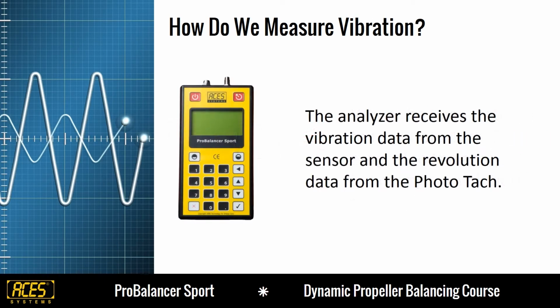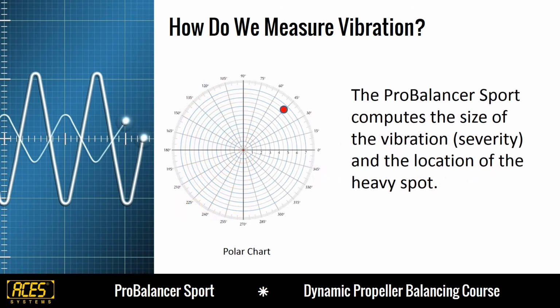When the analyzer receives the vibration data from the sensor and the revolution data from the phototach, it computes the size of the vibration, or you could understand it as the severity of the vibration, and the location of the heavy spot. It uses all of this information to generate a suggested solution for you to install on your propeller assembly to balance your propeller.